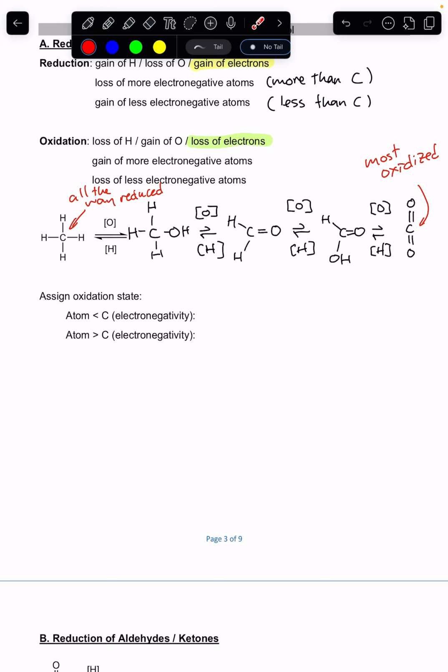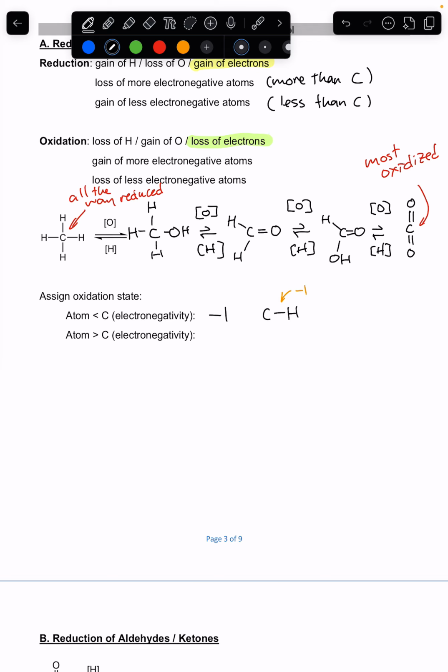Here's how you would calculate this. If the atom that carbon is attached to is less electronegative than carbon, then that's an oxidation state of -1 per bond. For instance, if you have a C-H bond, this is a -1 in terms of oxidation state, because it's the opposite of oxidation.